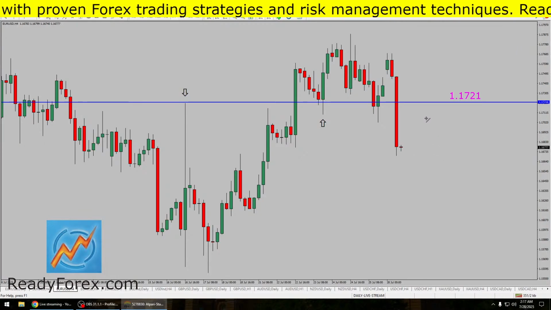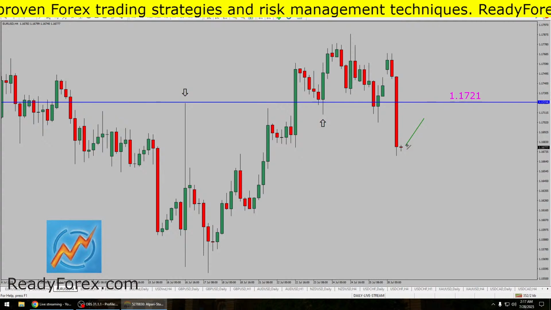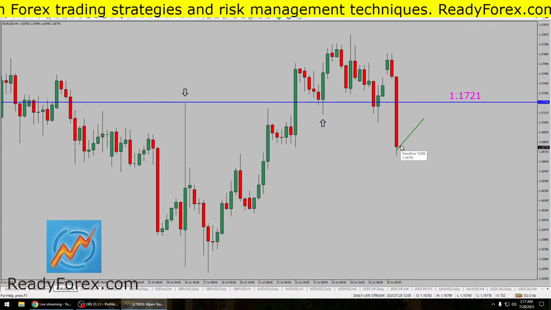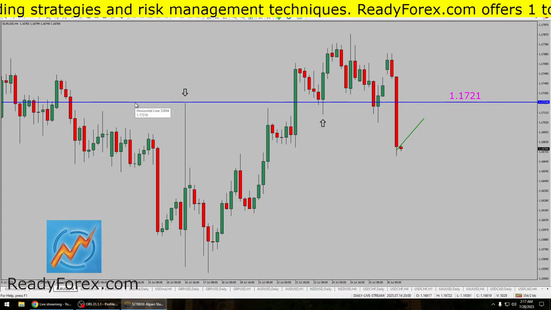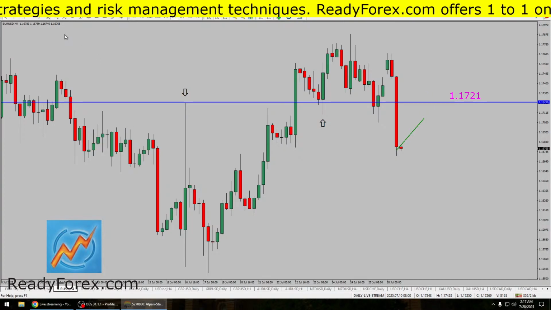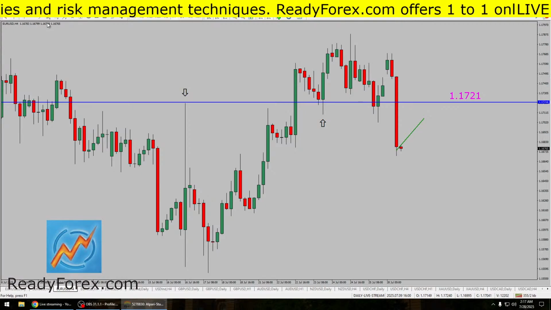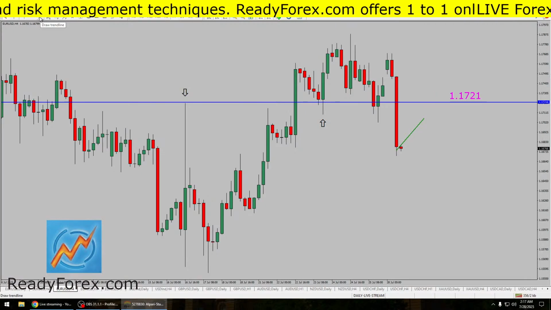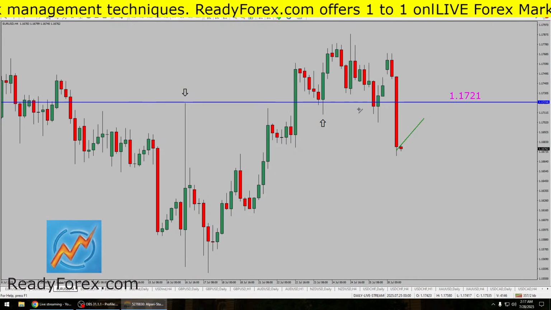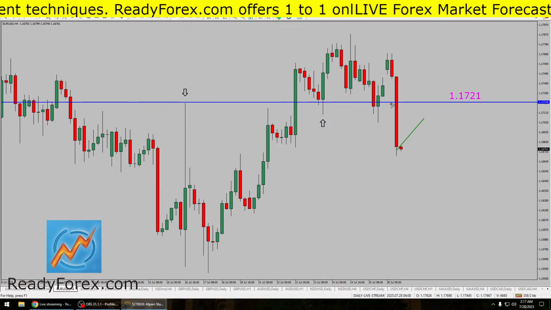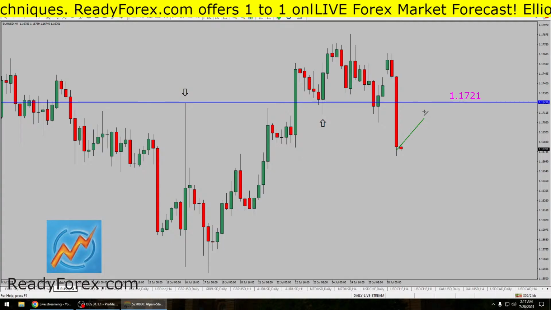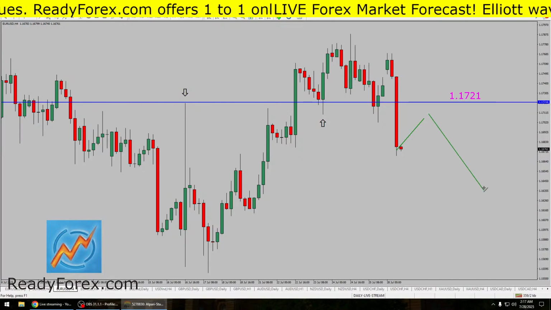What I mean by that is expect a bounce in market first. Market is probably going to rise up from current levels. It is also possible that we might get a retest of the 1.1721 area, and then market is going to probably start the decline.